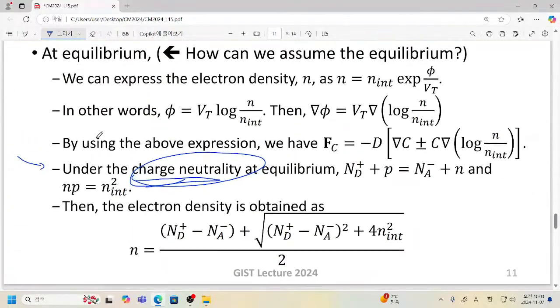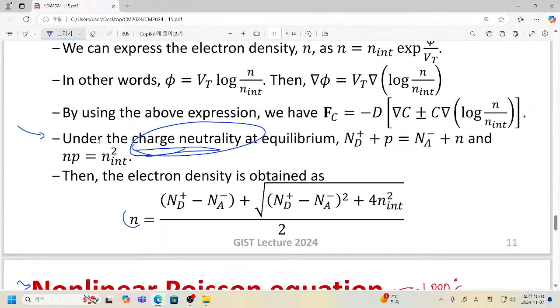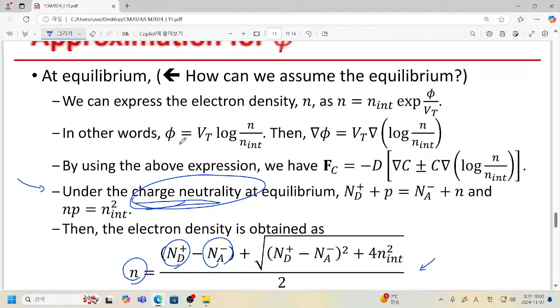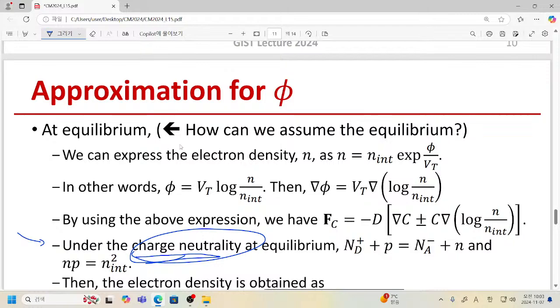Then in this case, electron density and of course hole density can be expressed as just a local function of donor density and acceptor density. So when you have donor density and acceptor density, then you can immediately recalculate electrostatic potential.